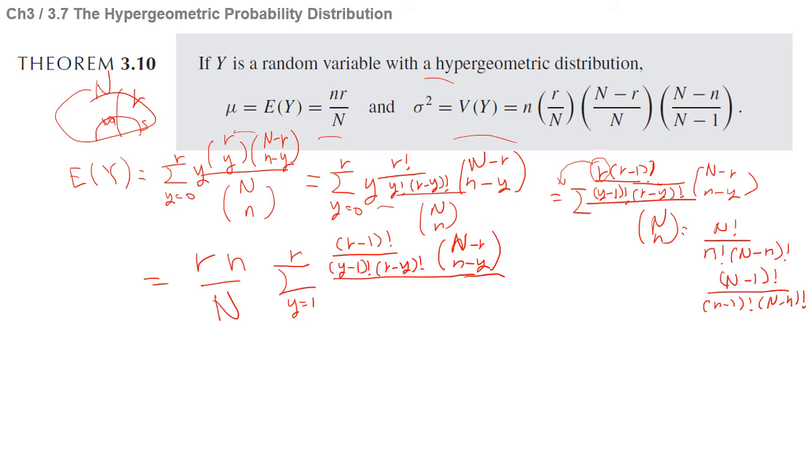Actually it's N minus 1 factorial over n minus 1 factorial times N minus n factorial.